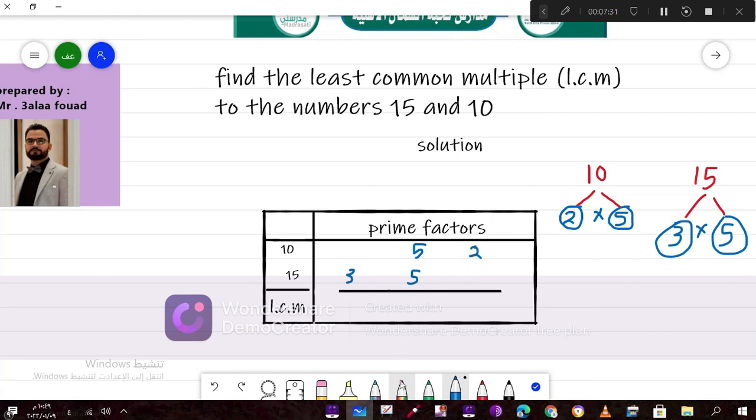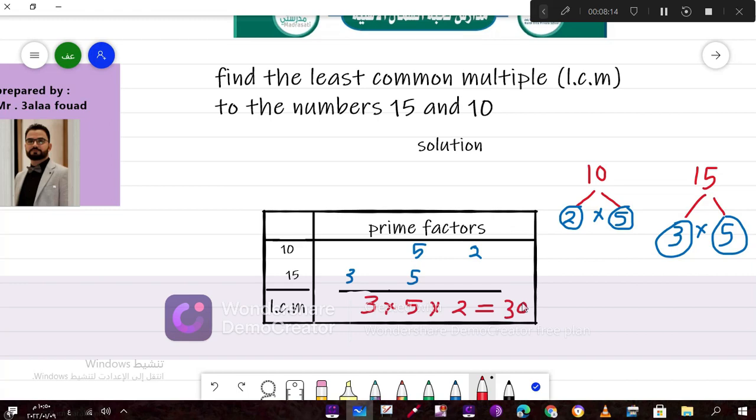I put a line under the prime factors to help my thinking. Finally, we will find the prime factors of the LCM. We use one factor from every column, and if there is a vertical pair, we only take one of those factors. So the LCM of these numbers is the product of these factors: 2 times 5 times 3 equals 30.